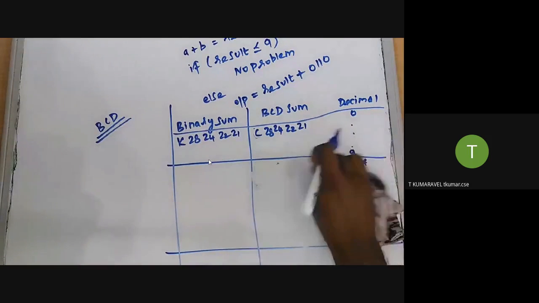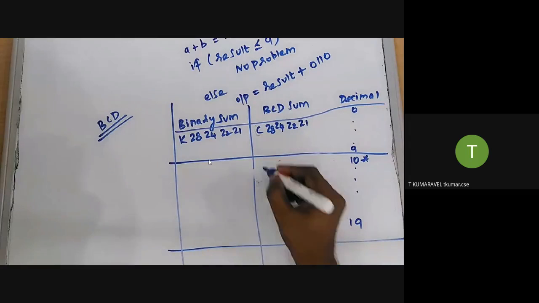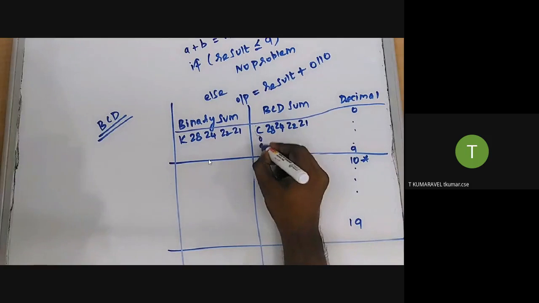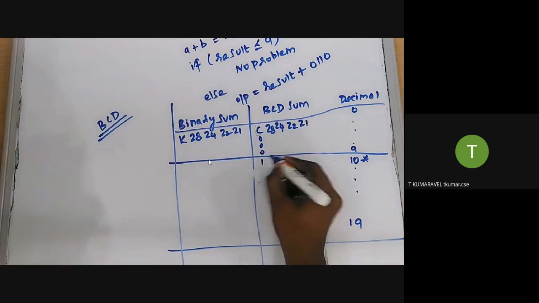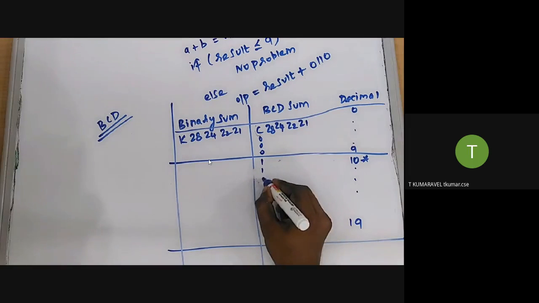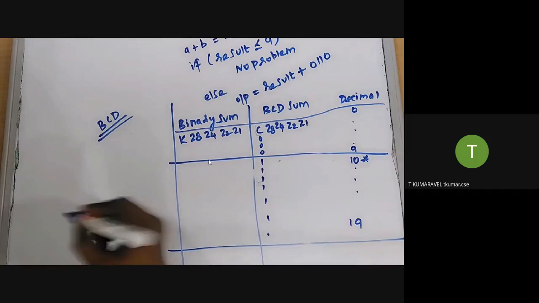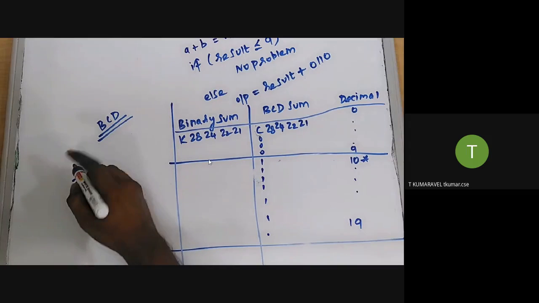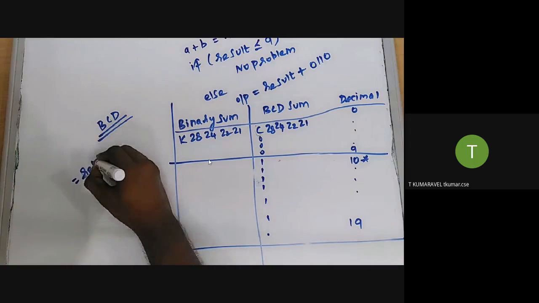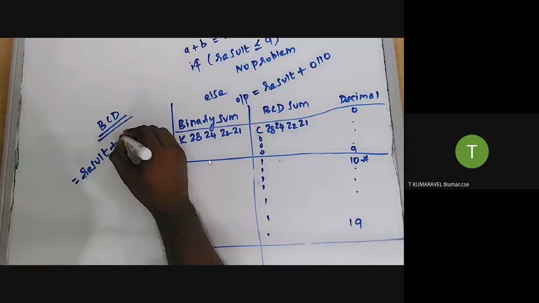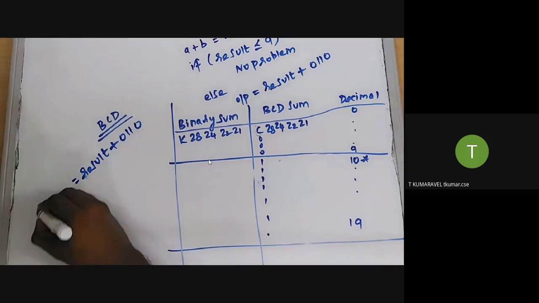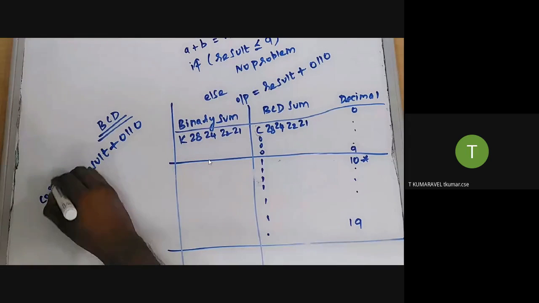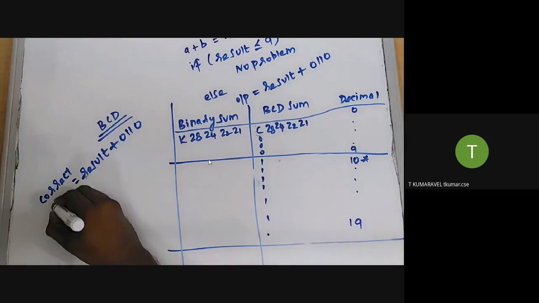The output value is greater than or equal to 10 means you're going to add the correction bit. The correction bit value is 0110. Then only it produces a correct output, otherwise called a correct result.